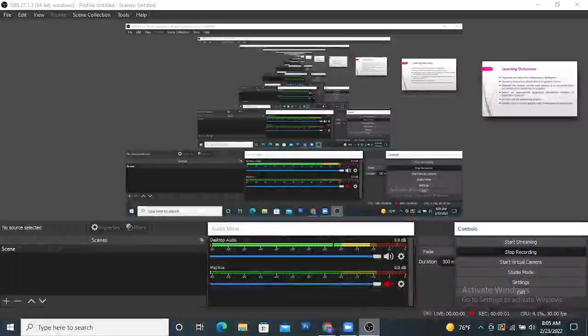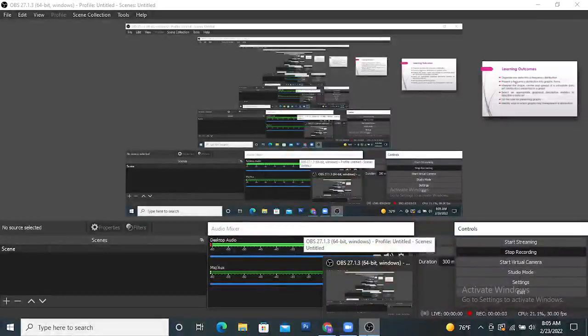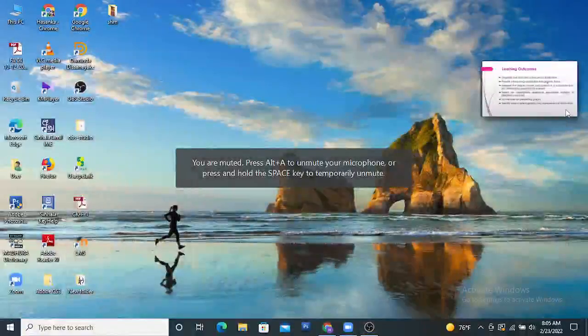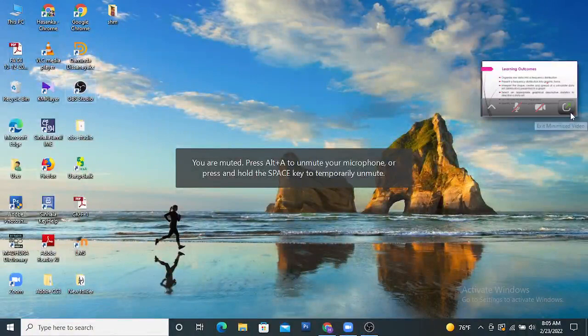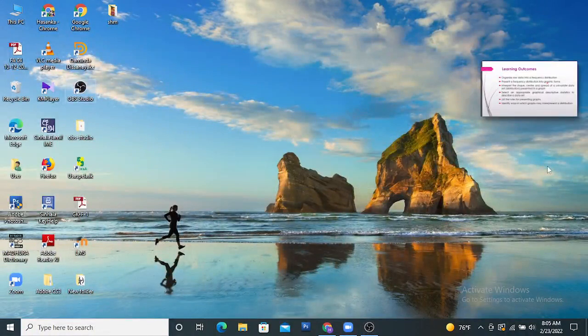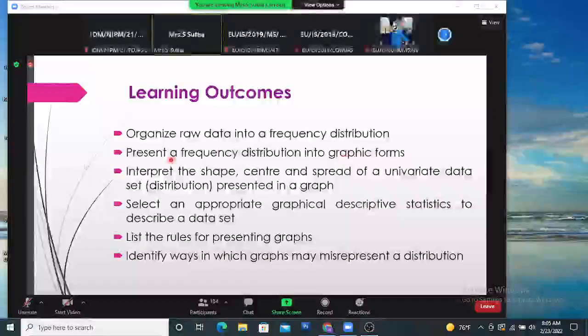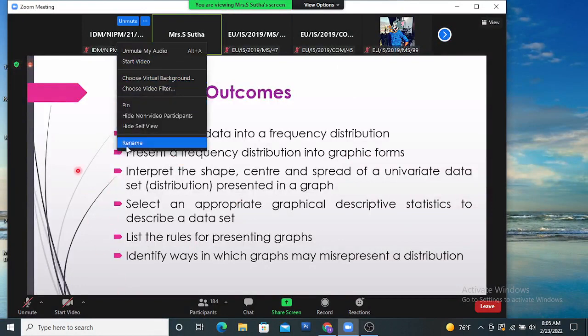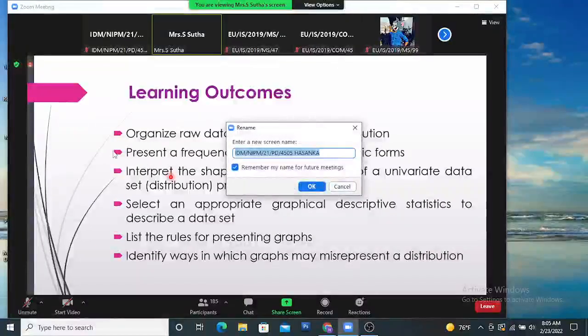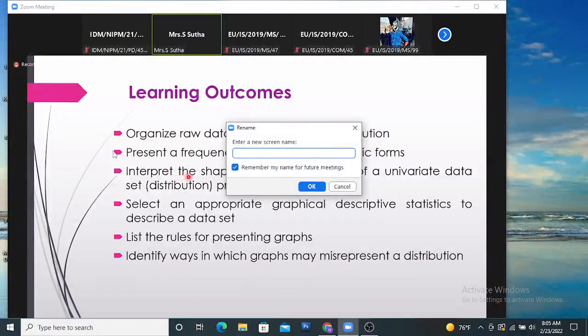Organize into a frequency distribution, you will be able to present a frequency distribution into graphic forms. Once you prepare the frequency distributions, then based on those frequency distributions in the appropriate graphic forms, you will be able to interpret the shape, center, and spread of a univariate data set, which are presented in a graph, right?